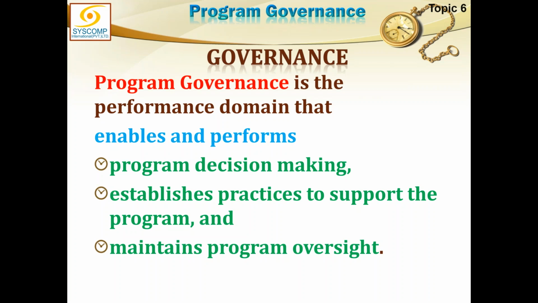For example, one of the decisions we were discussing yesterday was the go, no go decision from one phase to another phase. So program decision making is one of the roles which have to be played by the governance board, or maybe the governance roles have specific actions to be taken for this specific role.